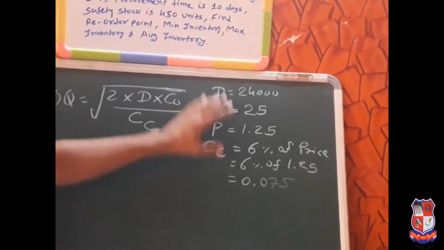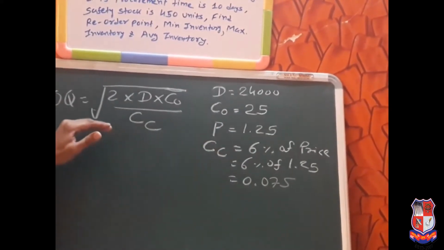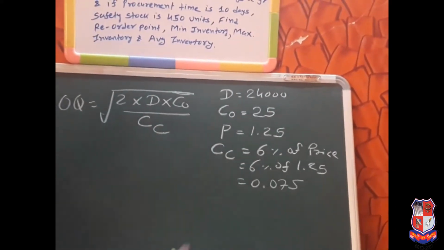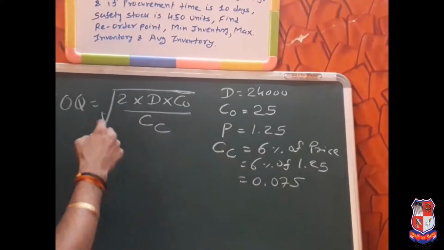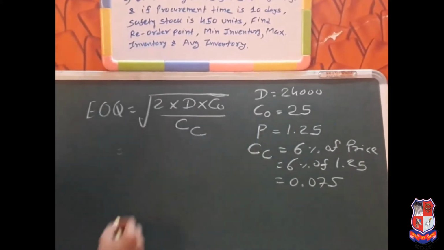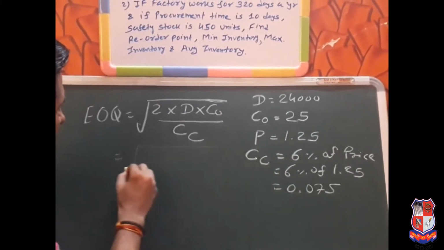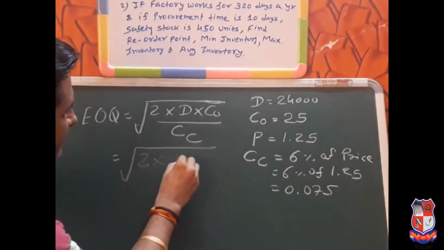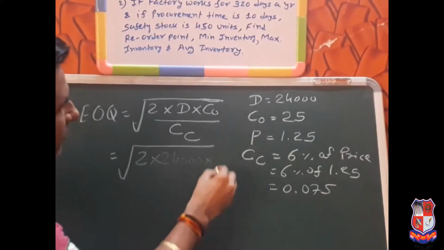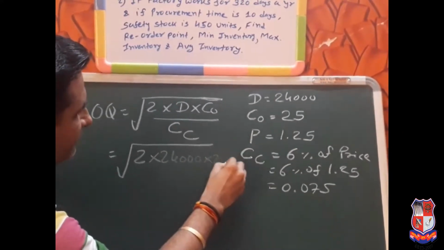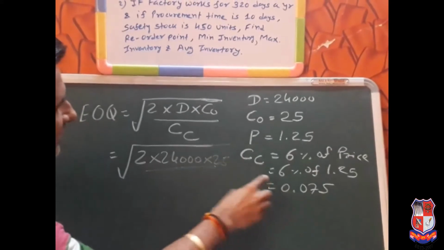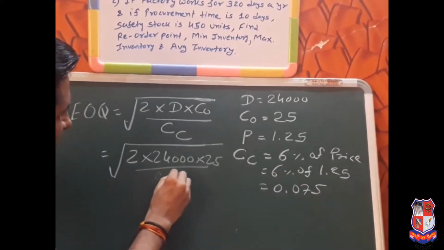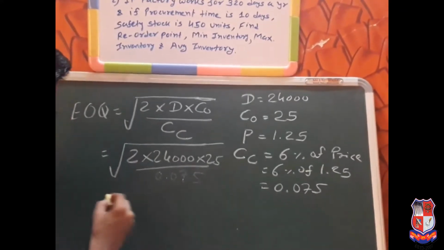All the data which are required in this equation we have to write down on the right side. Put all this information in the equation, so you will get the EOQ. Under root 2 into demand 24,000, then ordering cost is 25, then carrying cost is 6% of 1.25, which is nothing but 0.075.